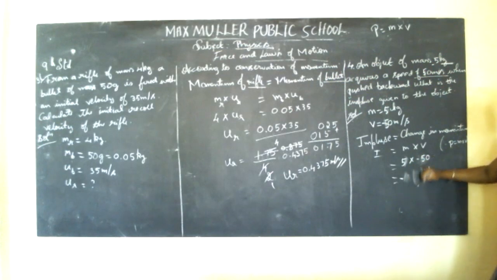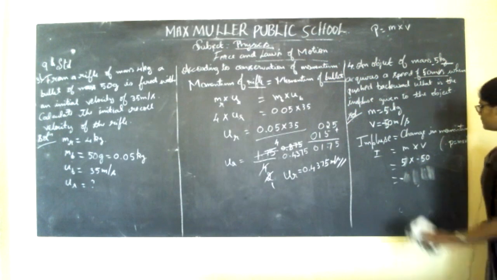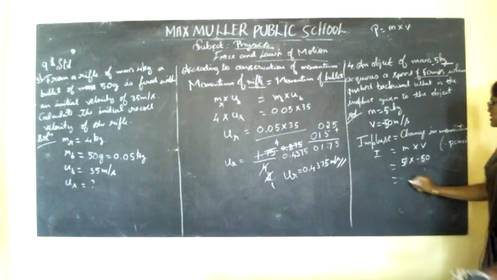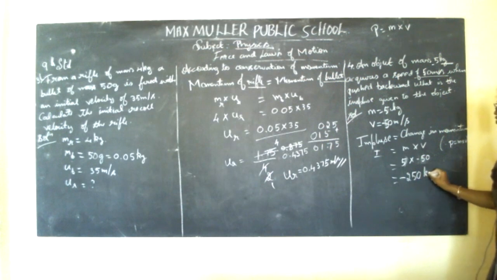So what is the answer you will get? You will get minus 250 kg meter per second. So the impulse will be minus 250 kg meter per second. Understood? When it is backward, it will be negative sign. If it is forward, it will be positive sign.